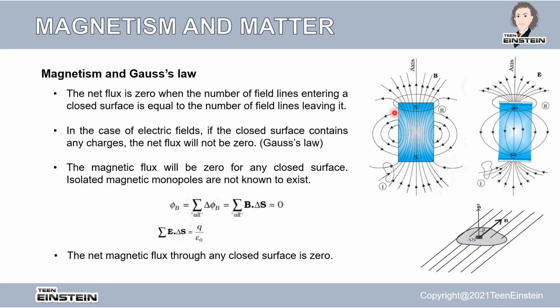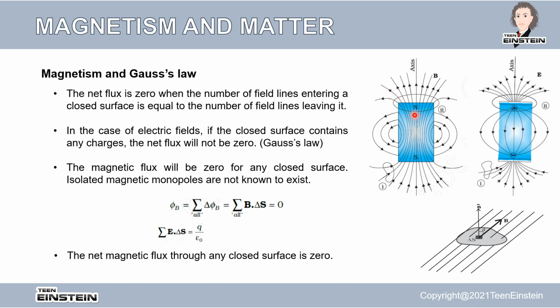But if you look at this diagram, region 1 and region 2, in both cases the flux is 0, because this is for a magnetic field, and magnetic field lines always form closed loops, so they do not come out from any charge or any pole. Even in region 2, the magnetic field lines entering here are coming out here.